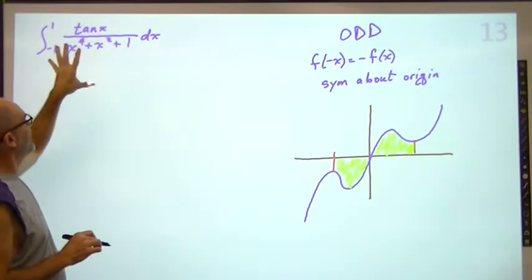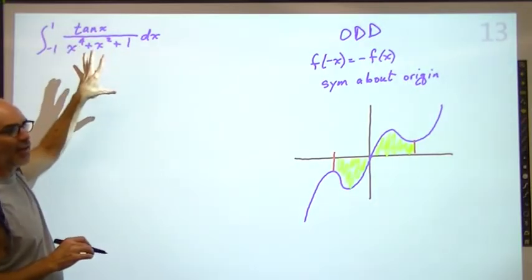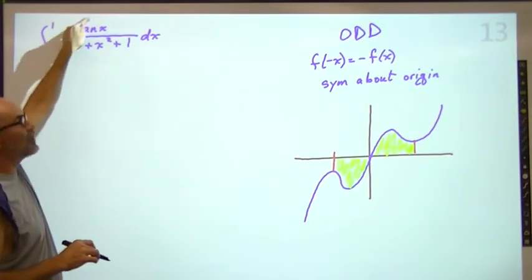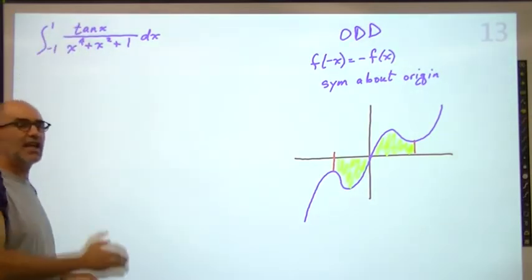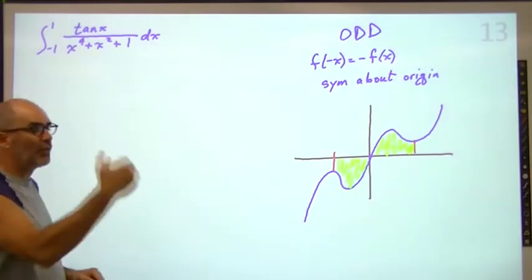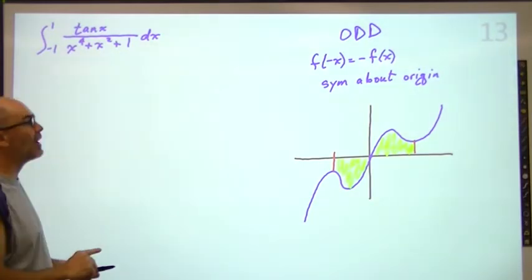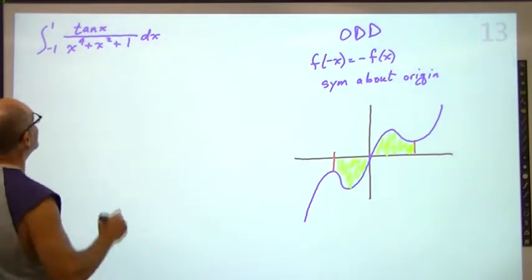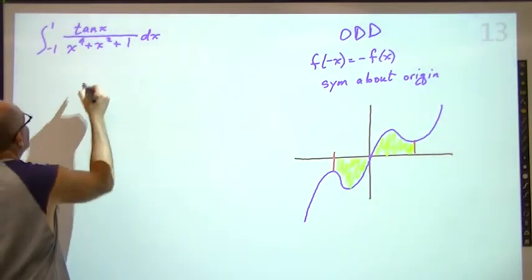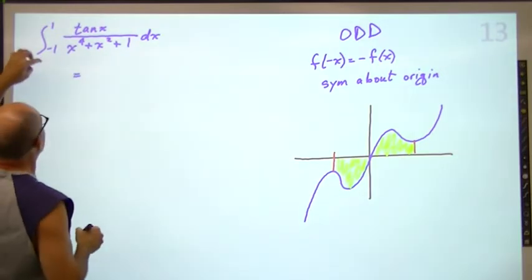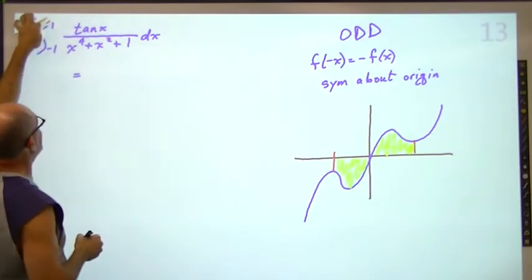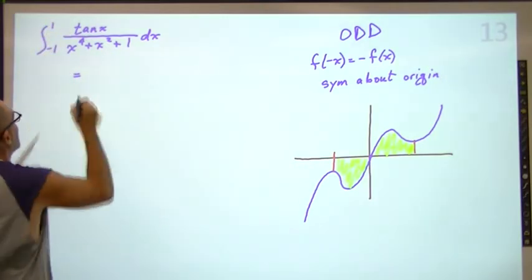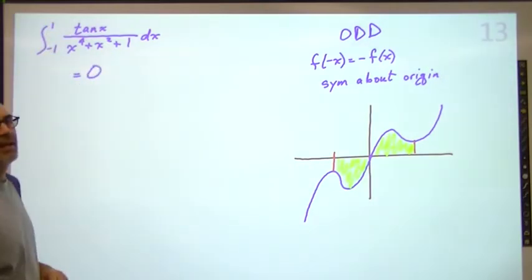So if I put a negative into the denominator of this fraction, it stays the same. But if I put a negative into the numerator, then it changes it to negative. Well, negative over positive is negative. So in other words, this is an odd function. And since it is an odd function, it's symmetrical. And because the limits of integration are the same, now see, if the limits of integration aren't the same, then you can't do it. But because limits of integration are the same, it equals 0.